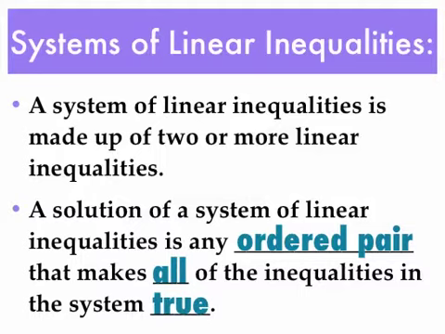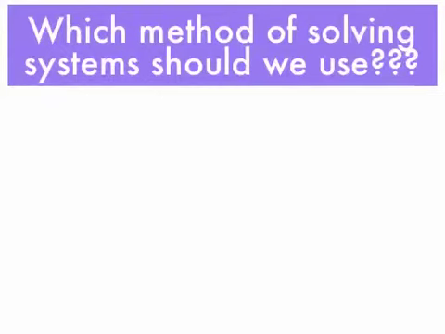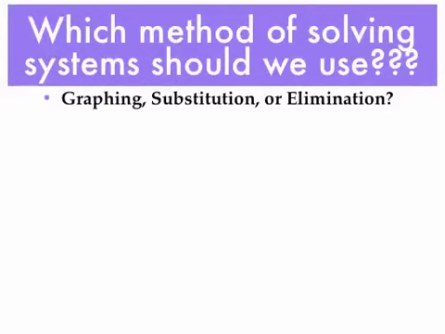So we're combining these two ideas. Which method of solving systems do you think we should use? We have graphing, substitution, or elimination. The only way that we can solve a system of linear inequalities is by graphing.